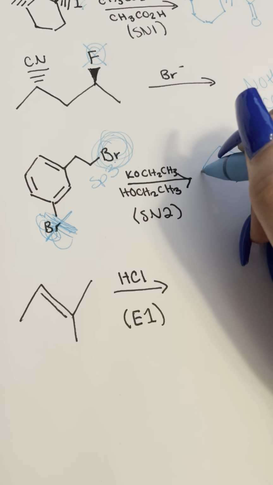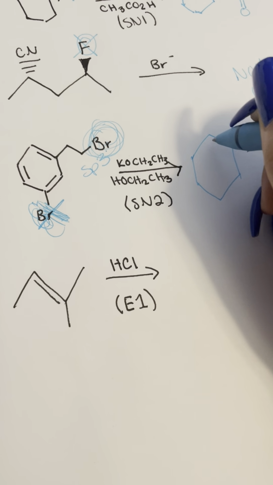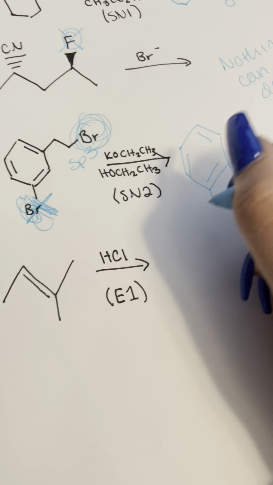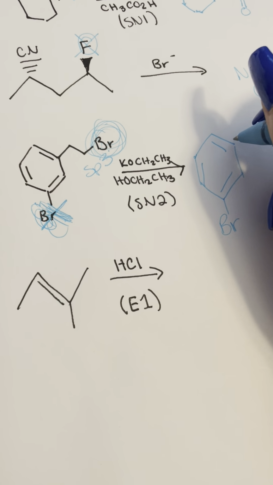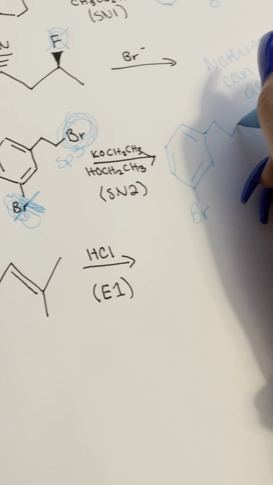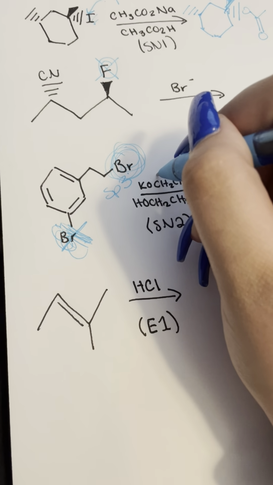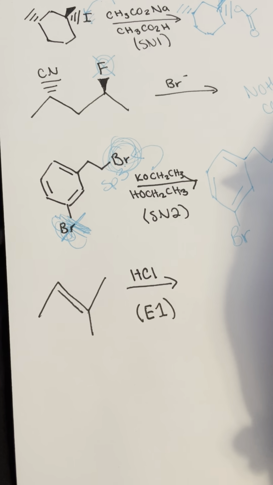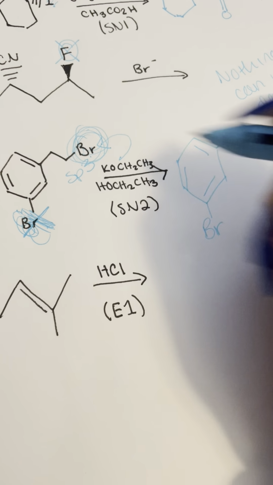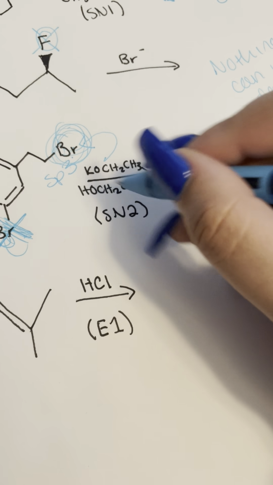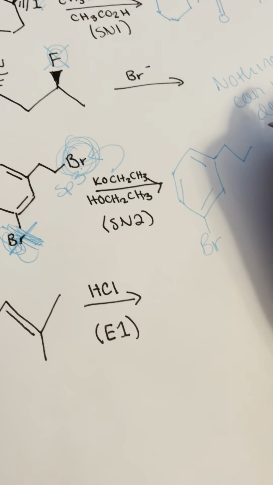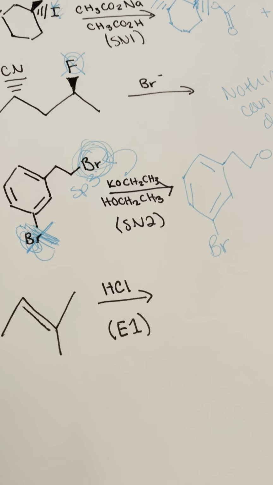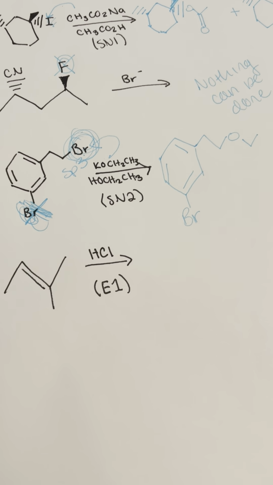So, going to have benzylic, the bromine does not change, so we're going to leave that there. And instead of bromine, we are attaching that there and replacing bromine with the nucleophile. And that is the solution for that one, the product, sorry.